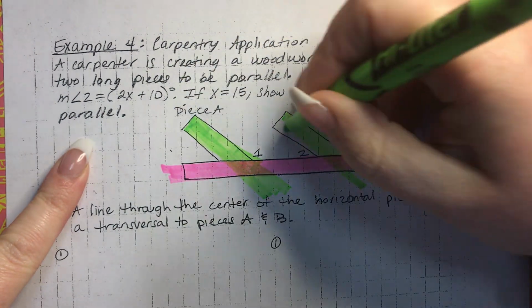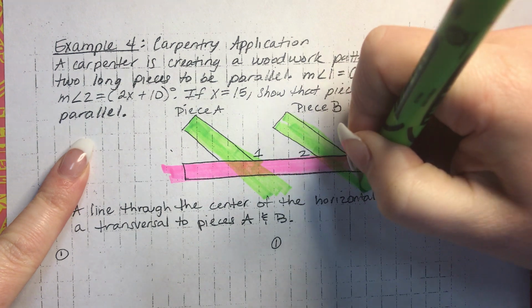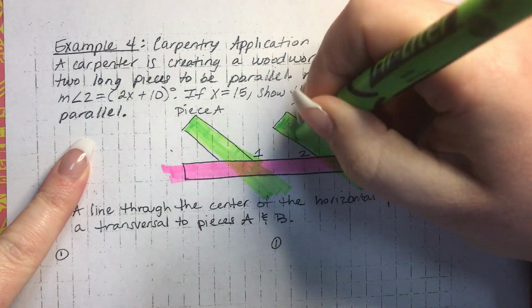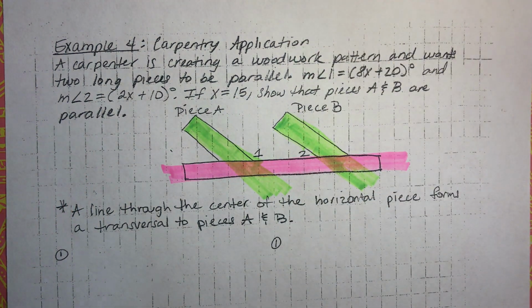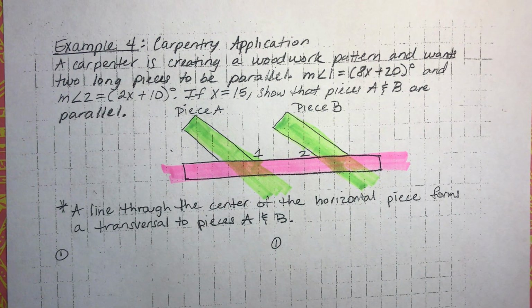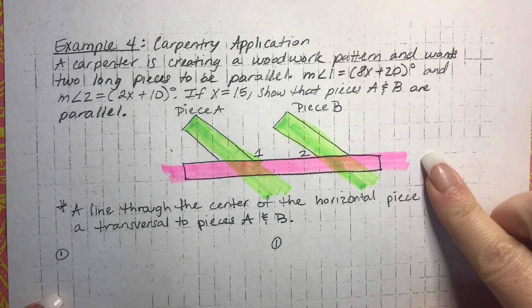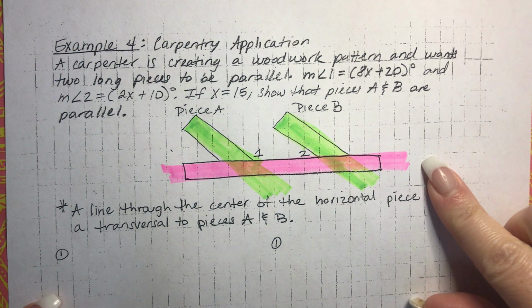So remember that whenever you're trying to figure out if something's parallel, you can just use one of those 4 converse postulates and theorems that we learned today. Remember, the converse of the corresponding angles postulate, converse of the alternate interior angles theorem, converse of the alternate exterior angles theorem, and converse of the same side interior angles.